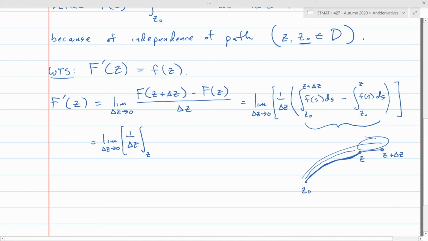So that'll be the integral from Z to Z plus delta Z of f of S ds.